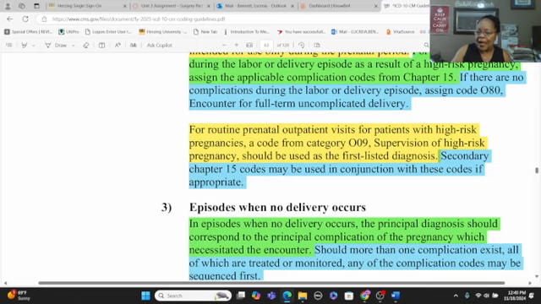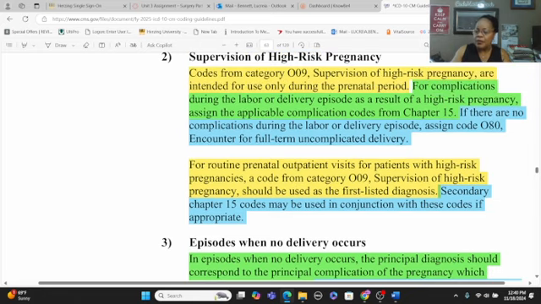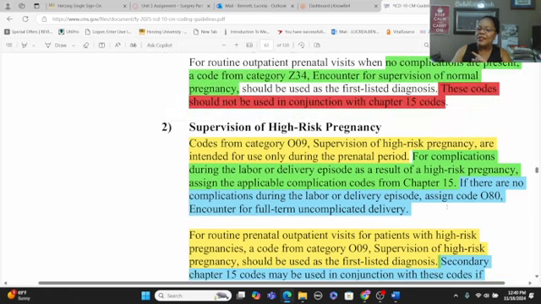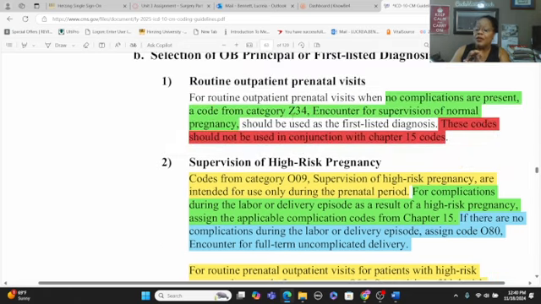Those codes come from category O09, supervision of a high-risk pregnancy, should be used as a first listed diagnosis, and secondary Chapter 15 codes may be used in conjunction with these codes if appropriate. So notice with the Z34, you're stating that there are no complications. But with the high risk, it is a complication. Therefore, you can use other codes from Chapter 15.